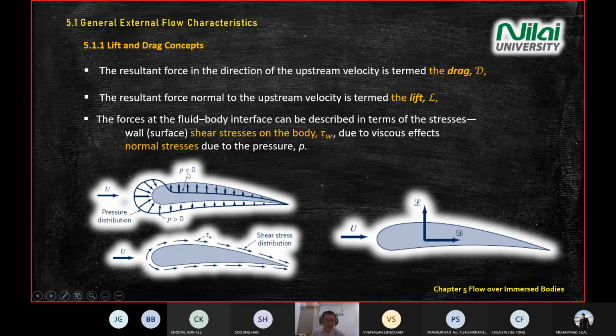You'll link these two components to lift and drag later on, of course with the U. So pressure and shear stress, shear stress or tau W. Just now we covered the types of flow: two-dimensional, axisymmetric, three-dimensional. Then we looked at lift and drag. What is lift? What is drag? And how later on we will link lift and drag to the pressure and shear stress.